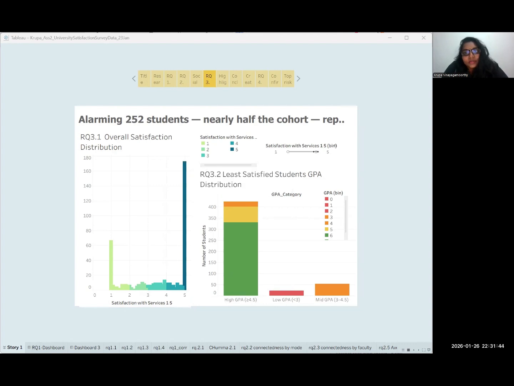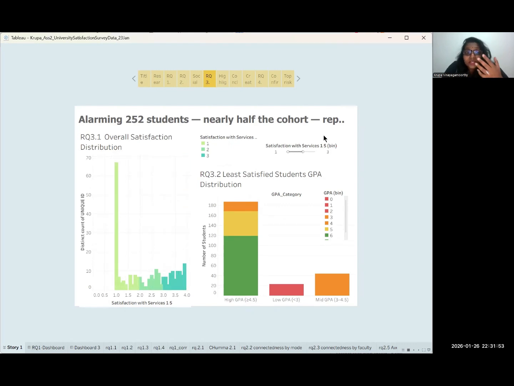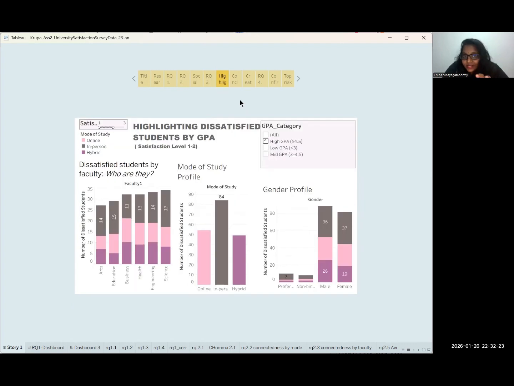But as soon as you bring down the satisfaction level to 3, almost half of the cohort say that they're dissatisfied. And what's even more surprising is that a whole lot of these dissatisfied people have very high GPAs. Let's investigate. Who are these people with very high GPAs but also very low satisfaction scores?